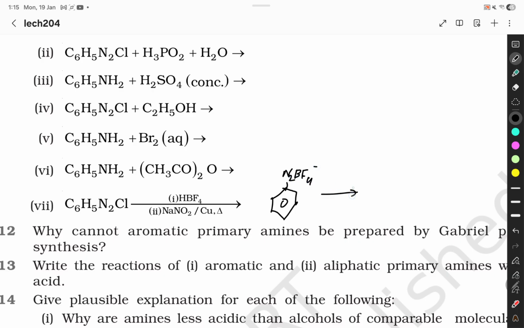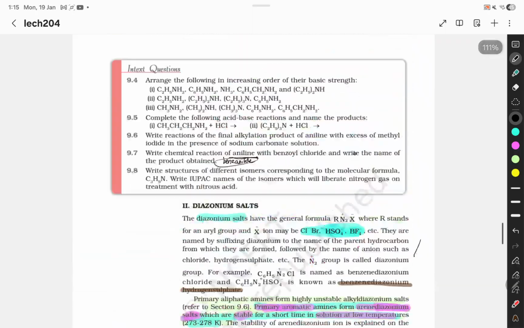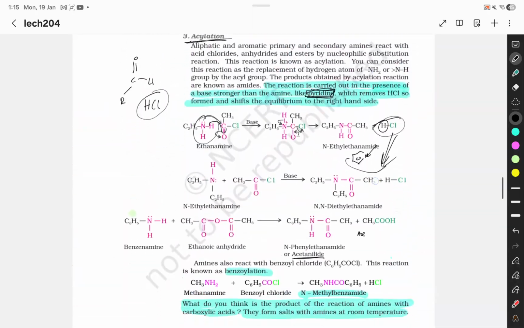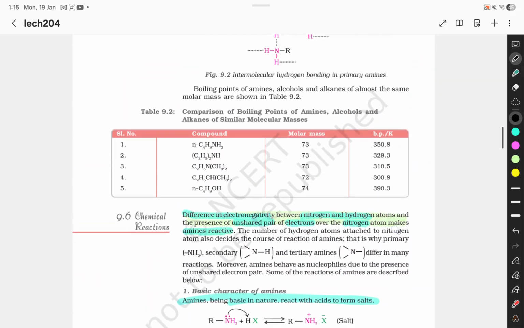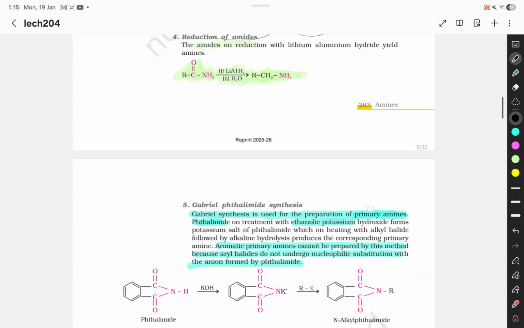N2BF4 minus, and then after that it forms your NO2. Please make sure to stay in touch with all these topics, especially the NaHG that we also went through. All those small things can be questioned to you. It's like crazy actually.